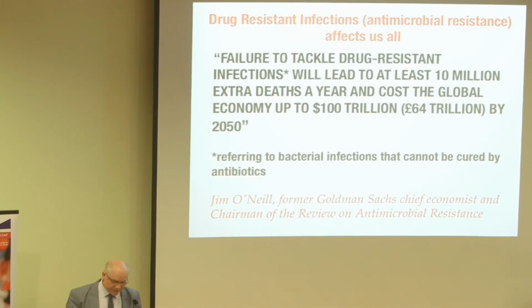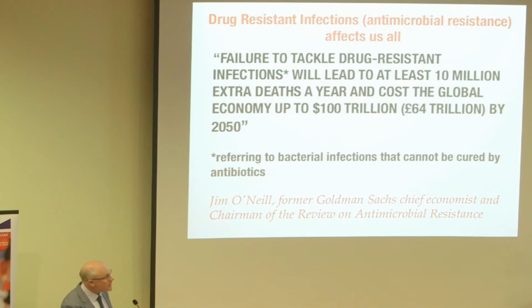And I think that was a very smart move because he looked at it very dispassionately and very conservatively, and yet he came up with this conclusion that failure to tackle drug-resistant infections, bacterial infections, will lead to at least 10 million extra deaths per year and cost the global economy up to $100 trillion US dollars by 2050. 100 trillion. So maybe we should spend $1 trillion or $2 trillion on solving the problem before 2050 would be my suggestion.